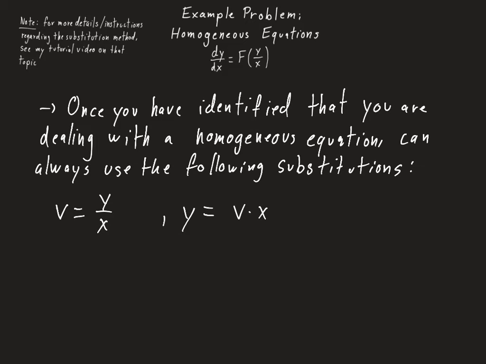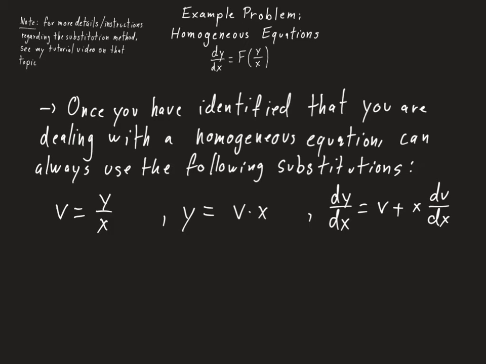And the third thing that I ask you to always write out is what dy dx must be equal to. If y is equal to v times x, then by product rule, dy dx will always be equal to v plus x dv dx.